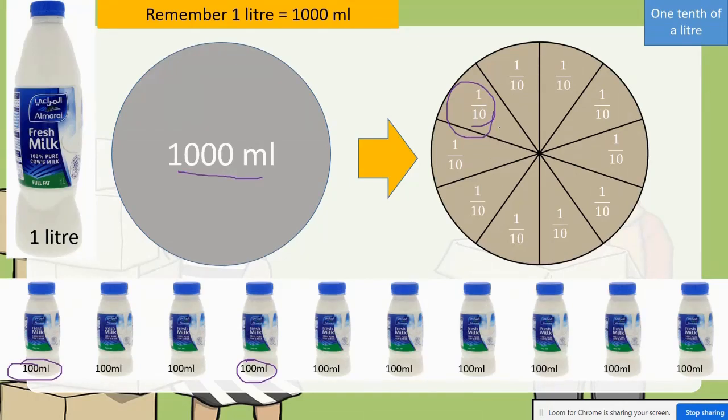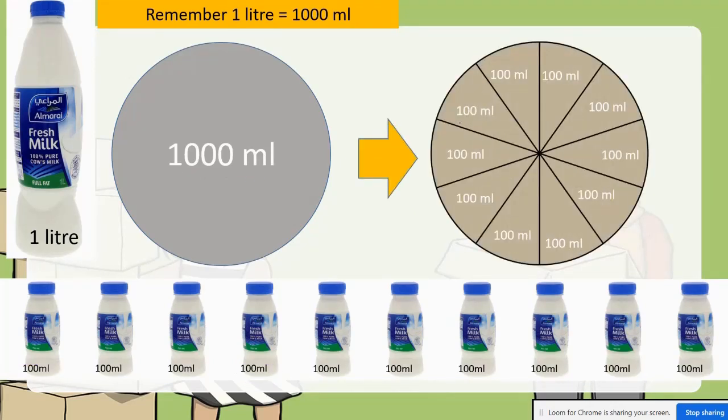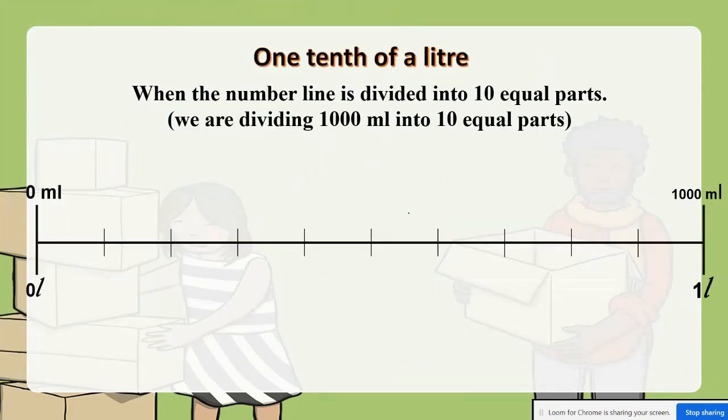And when I relate this 1/10 to these bottles, 1/10 of a liter would be equal to how many ml? Let's see here. 1/10 would be equal to 100 ml. Okay, so remember 1/10 liters is equal to 100 milliliters.